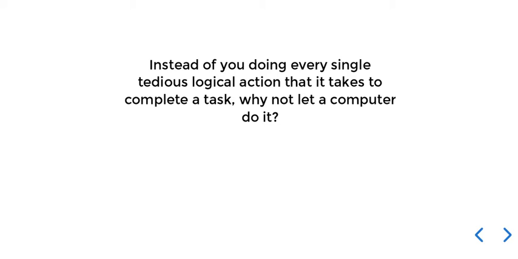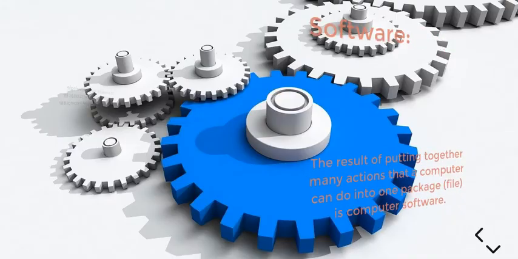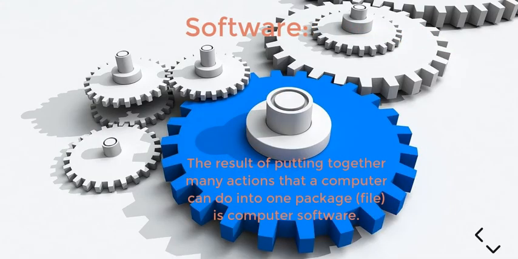If it wasn't for computer languages and computer software, every single little teeny tiny tedious thing that the computer has to do, all the if this then that and do this or do that, add this, subtract that, all those things you would have to tell the computer to do step by step. Well, or you could specify those things into one big list. The list can have thousands or millions of items, which we call code, and put it all into one package. And that is known as computer software.